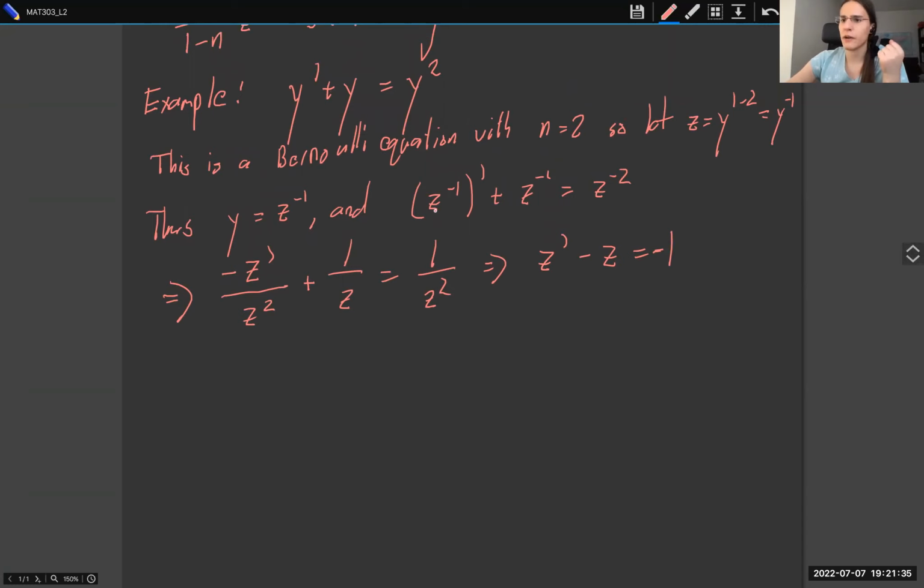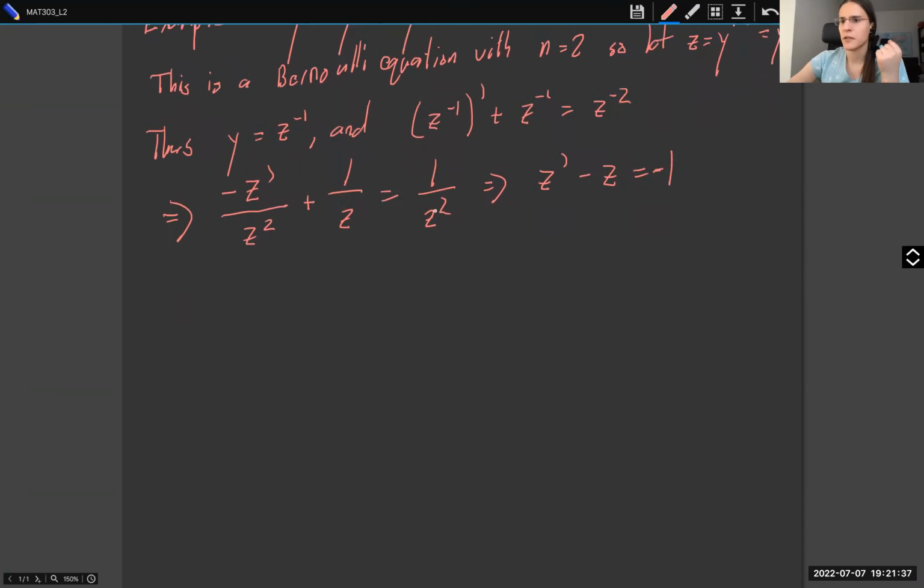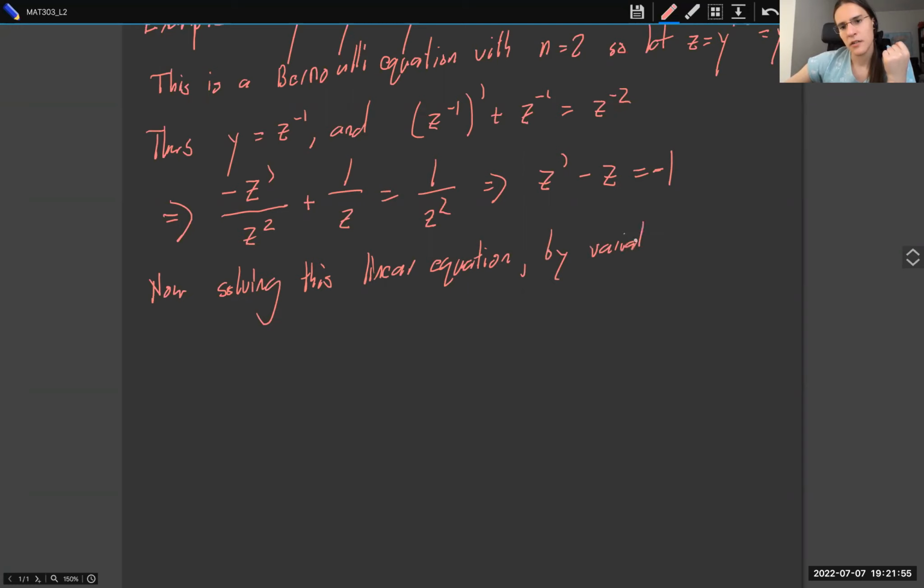So let's do another variation of parameters one. So now solving this linear equation by variation, we first solve the homogeneous problem.